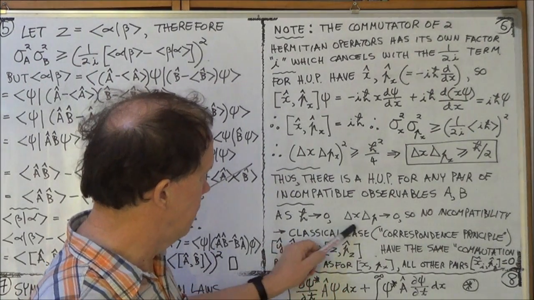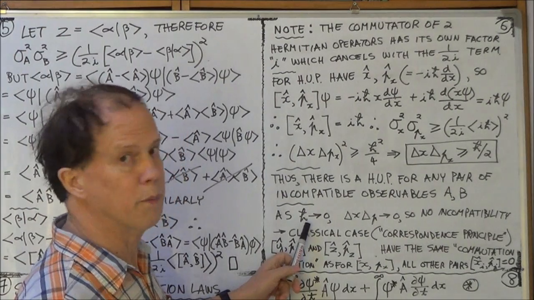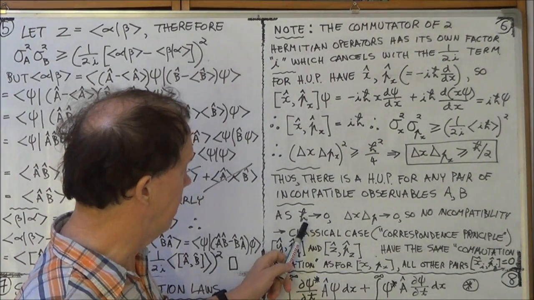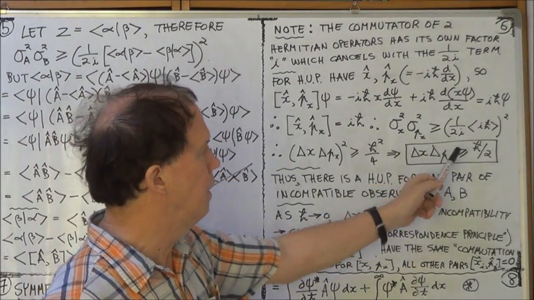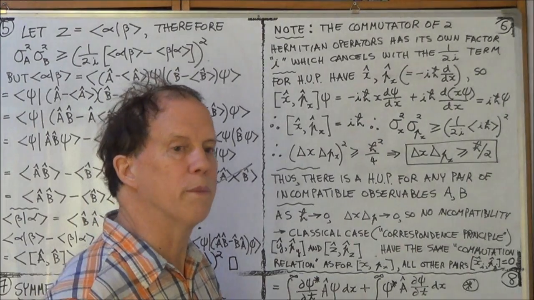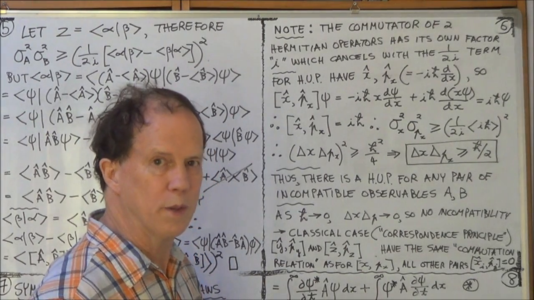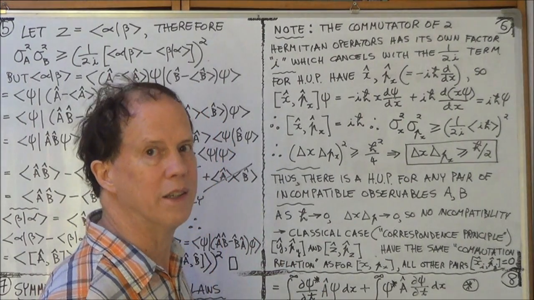So this kind of reasoning, in the quantum limit, when h bar, Planck's constant, goes to 0, then your uncertainty should disappear, and that's typical of classical mechanics. It doesn't have incompatibility of observables. You can measure anything infinitely accurately and simultaneously.